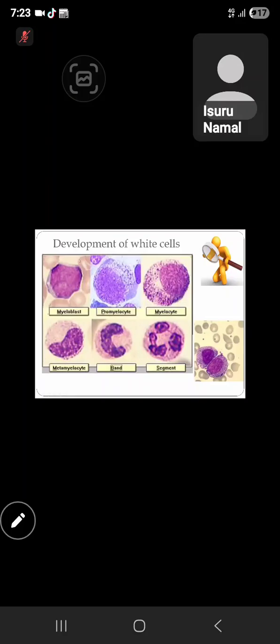Now it starts from, as I told previously, the common myeloid progenitor cell. Then it develops up to the myeloblast, then the promyelocyte. The next stage is the myelocyte. Then from the myelocyte, the cells divide into categories according to the color or the philicity of the granules.